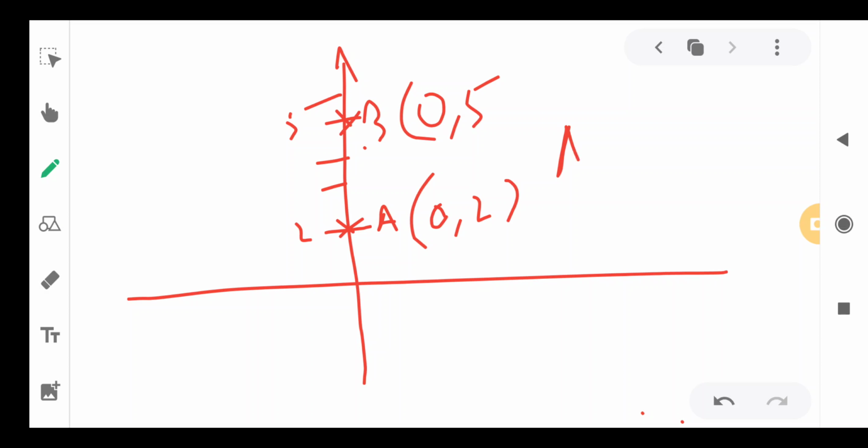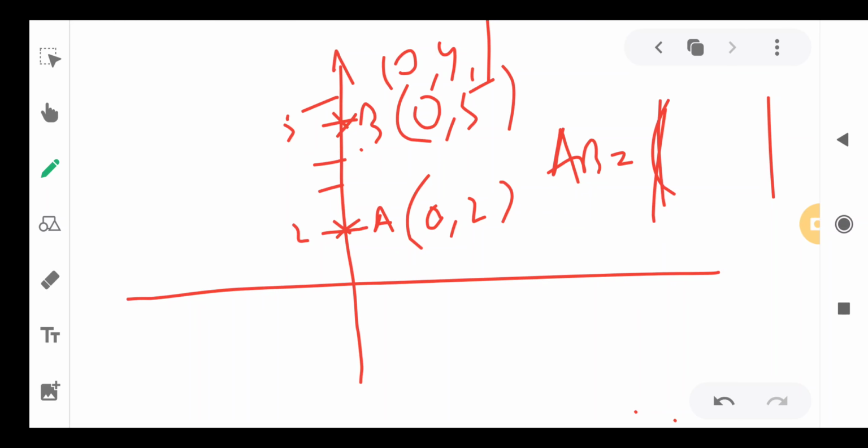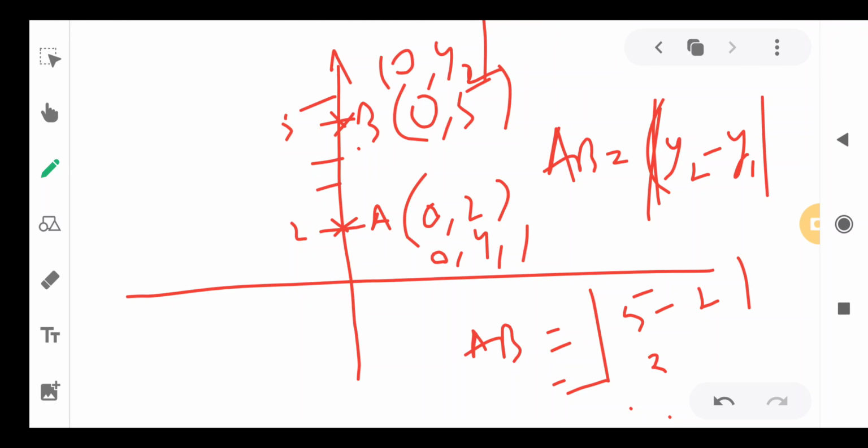So AB will be the modulus of the difference between y2 and y1. If this is 0 comma y2 and this is 0 comma y1, the distance between them will be y2 minus y1. So AB will be 5 minus 2 modulus, that will be 3 units, 3 positive units.